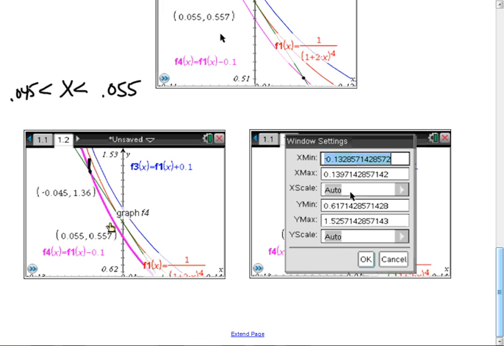That also works. This is just a method. There's more than one method to doing this. As long as I'm within this x distance, whatever that is, the difference in the y values between L and my actual function will be less than 0.1. That's how you write that. That's how you say it.